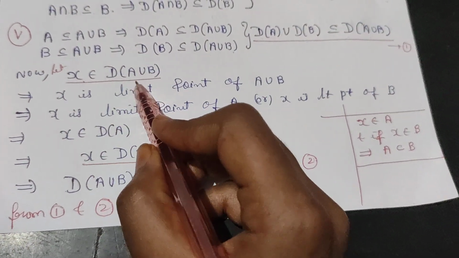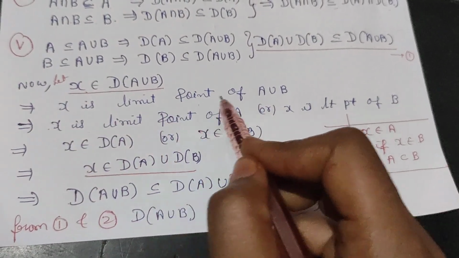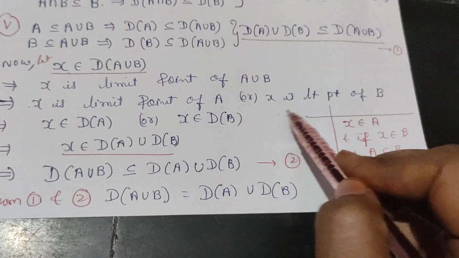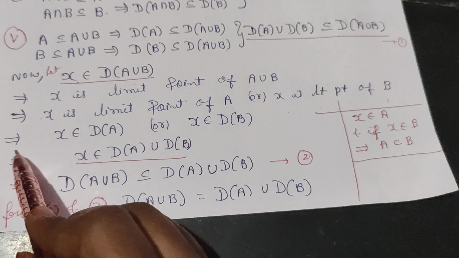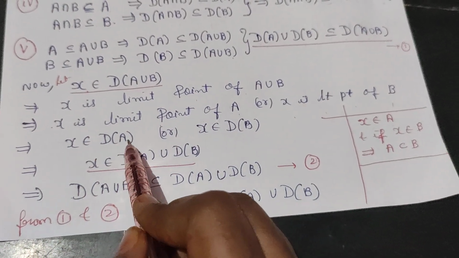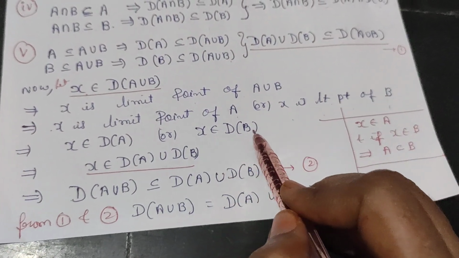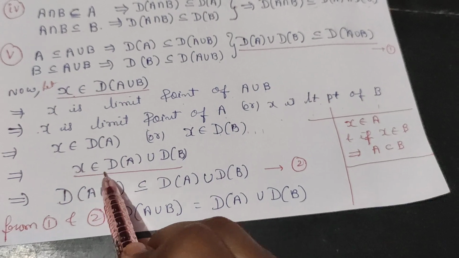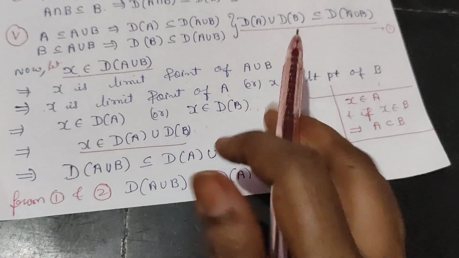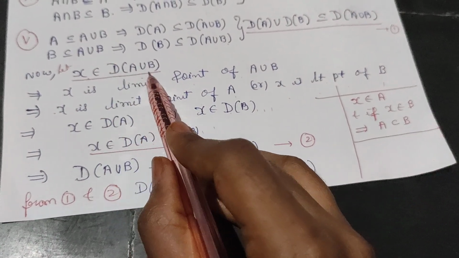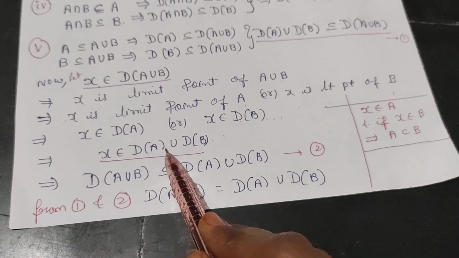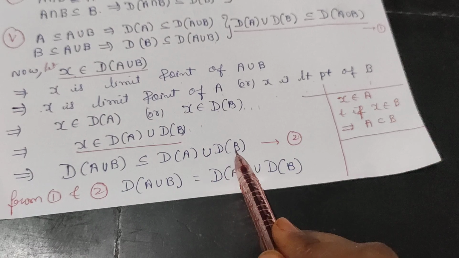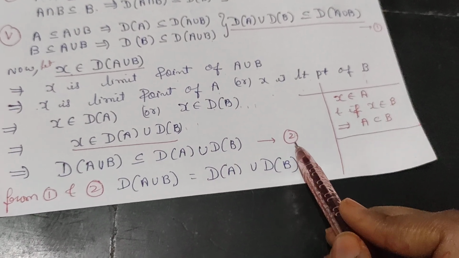Now let x belong to D of A union B. So this implies x is a limit point of A union B. So x is a limit point of A or x is a limit point of B. So x is a limit point of A implies x belongs to D of A, or x is a limit point of B implies x belongs to D of B. So we have x belongs to D of A or x belongs to D of B. Therefore x belongs to D of A union D of B. So D of A union B is a subset of D of A union D of B. Take this as equation 2.